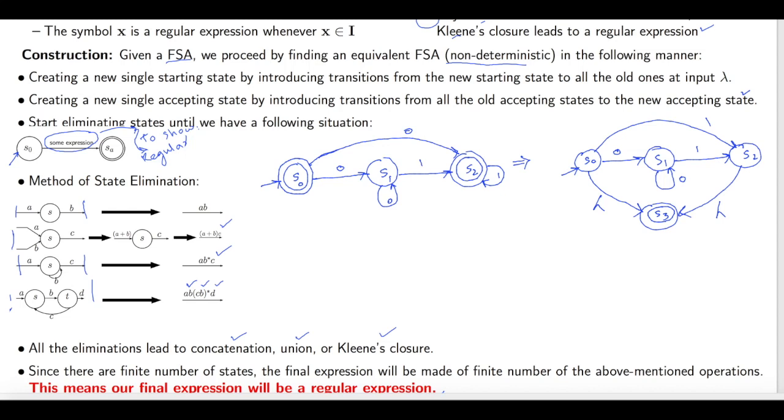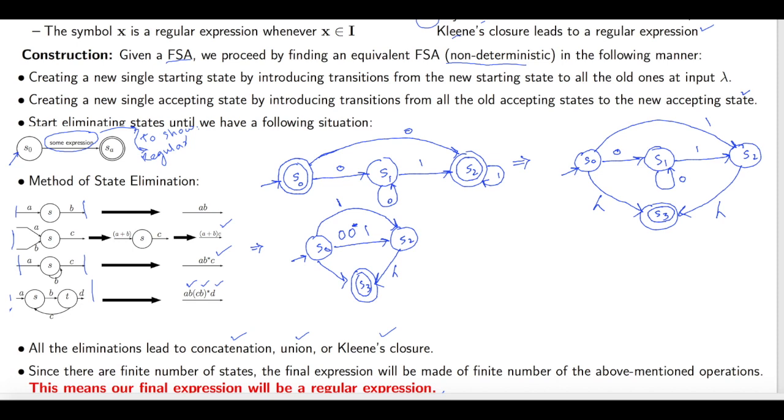So then the next step is I have S0, which is the starting state of course, and I have S2, and what should I write here? I should write 0, 0 star, and 1, because of this guy here. Okay, and then I still have this guy there, and I have this guy and this guy, and this is a final state S3.